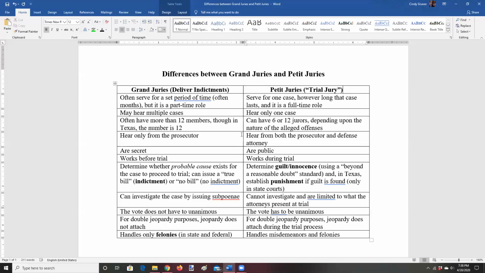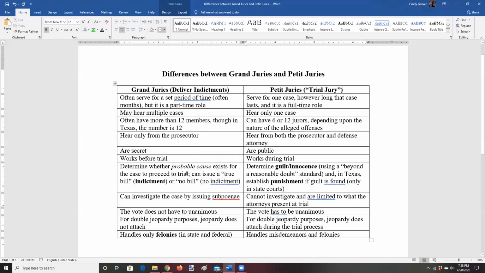Occasionally, the identity of petit jurors is kept secret if it's a very high-profile matter, but that's pretty rare, and the trial itself is still going to be public. The grand jury, because they deliver the indictment, which has to happen before the trial begins, works exclusively before the trial. Petit juries obviously work during the trial. I mean, they're the people hearing the evidence during the trial.